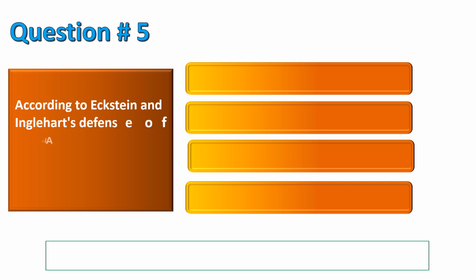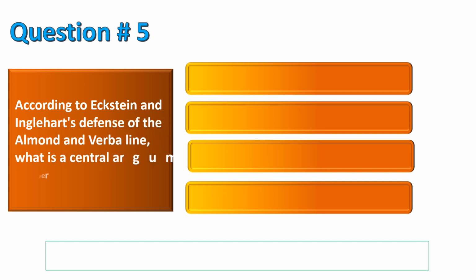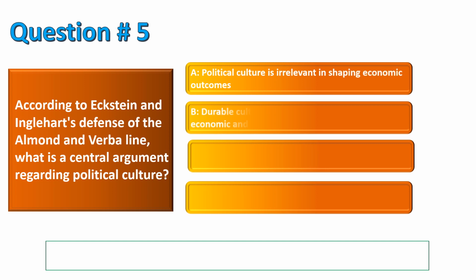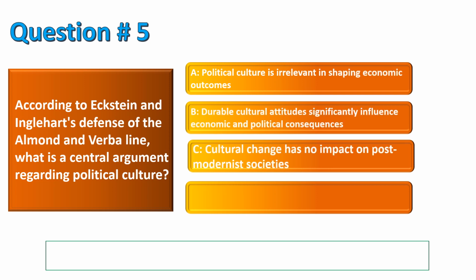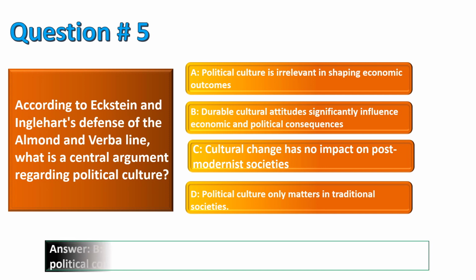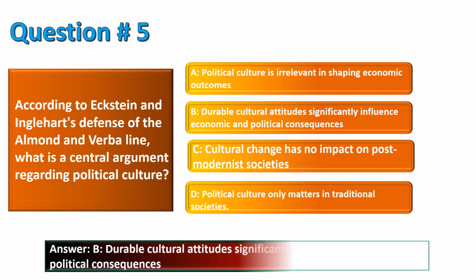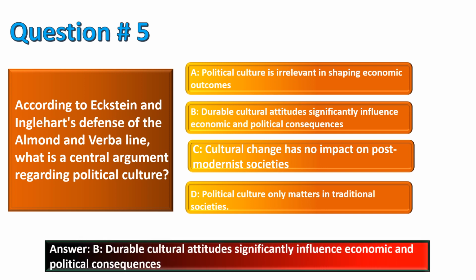According to Inglehart's defense of the Almond and Verba line, what is the central argument regarding political culture? The correct option is option B. Durable cultural attitudes significantly influence economic and political consequences.